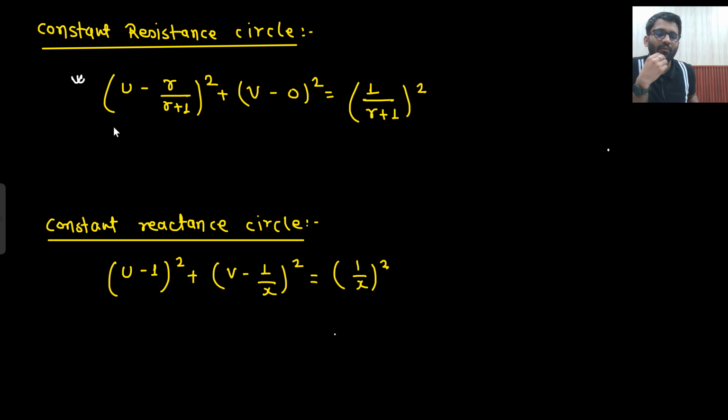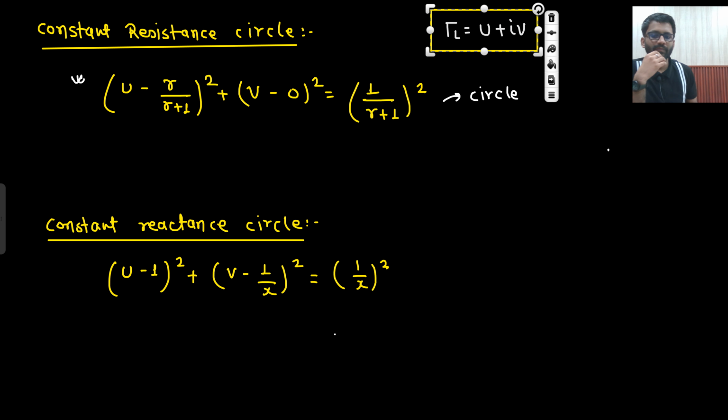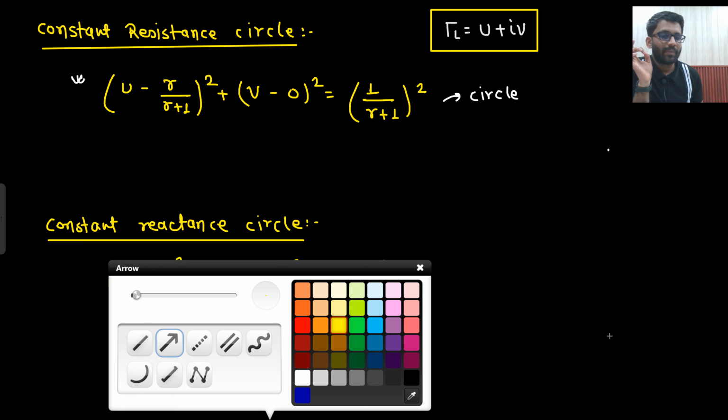What does this equation represent? This equation represents a circle. So this is the equation of a circle. Never forget what U and V are: U and V are just the real and imaginary parts of gamma L. Now this is an equation of a circle, but for which plane?